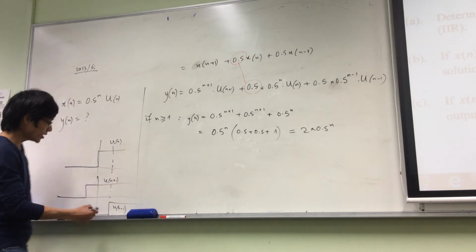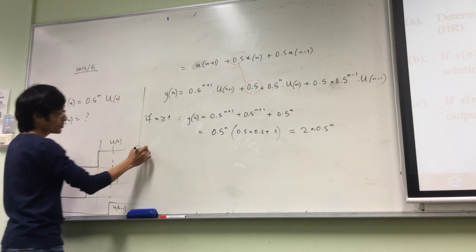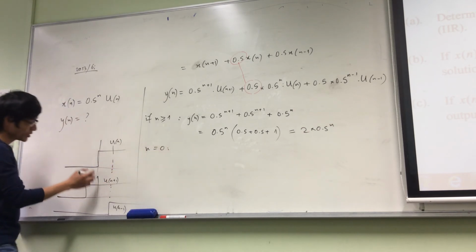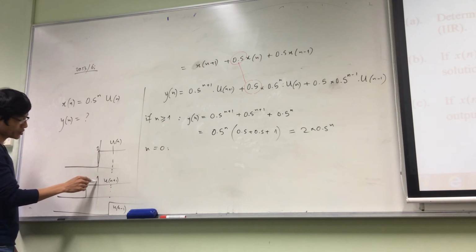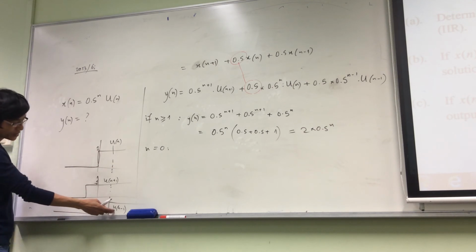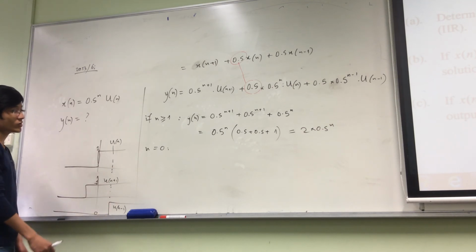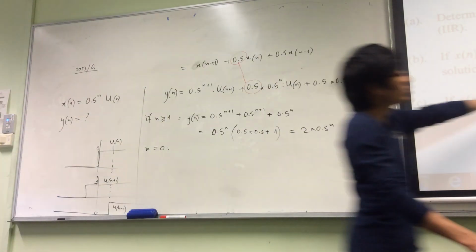Yes? What happens if n equals 0? What happens if n equals 0? This is a special case. This one is 1, but this one is 0. So anywhere you get a 0 here, it has to be a special case, and you need to compute y of minus 1.